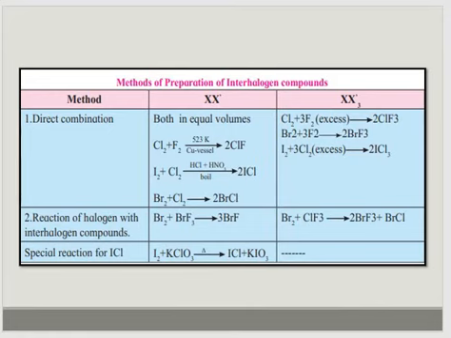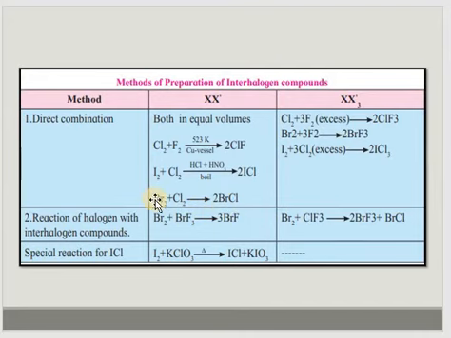Now, these are the methods of preparation of interhalogen compounds. For example, ClF is prepared by the combination of chlorine and fluorine at 523 Kelvin in a copper vessel. ICl will be prepared by the combination of I2 and chlorine gas in presence of HCl and HNO3, it has to be boiled.